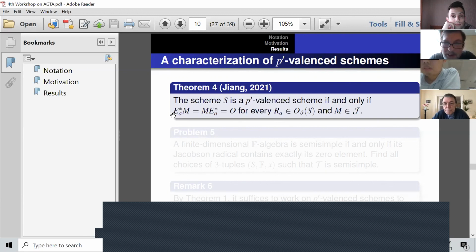Other questions, comments, remarks? I still have another question, actually. So p-prime valenced means that all valencies are prime to p, not divided by p. You do not assume that the size of X is also prime to p, right? I don't assume. Suppose you do. Do you get something interesting in that specific case?